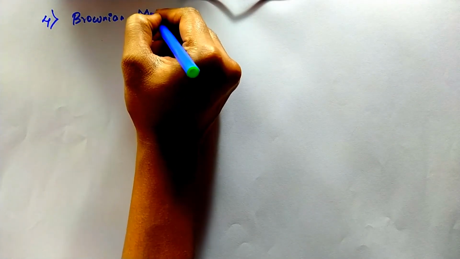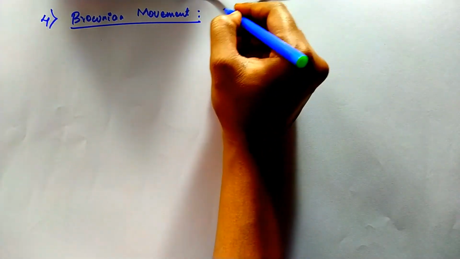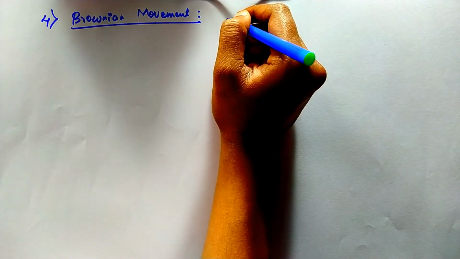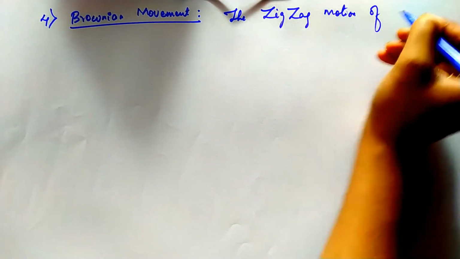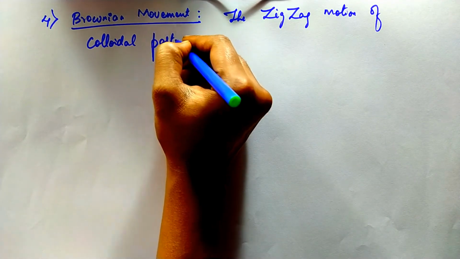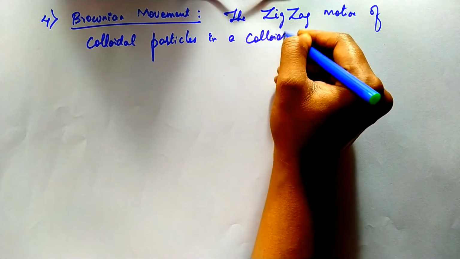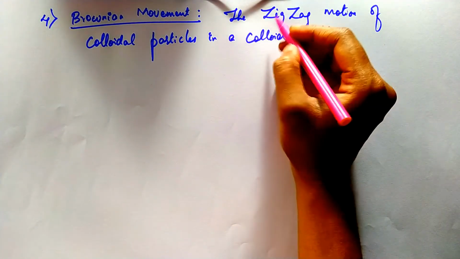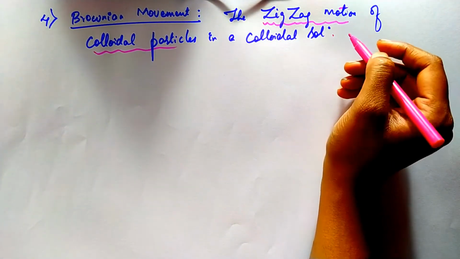Here, what we observe is the zigzag motion of colloidal particles in a colloidal solution, which is called Brownian movement.